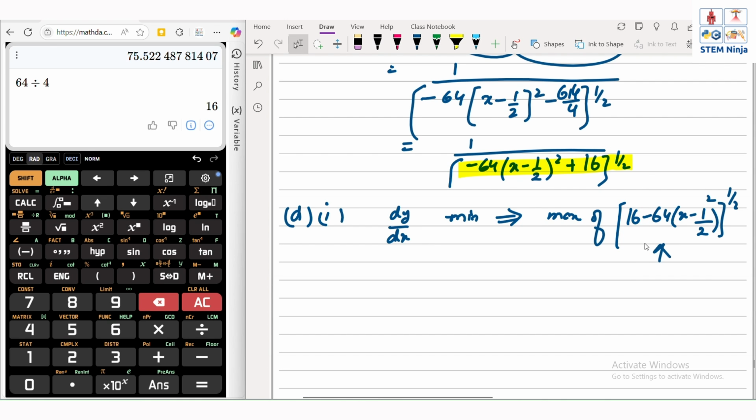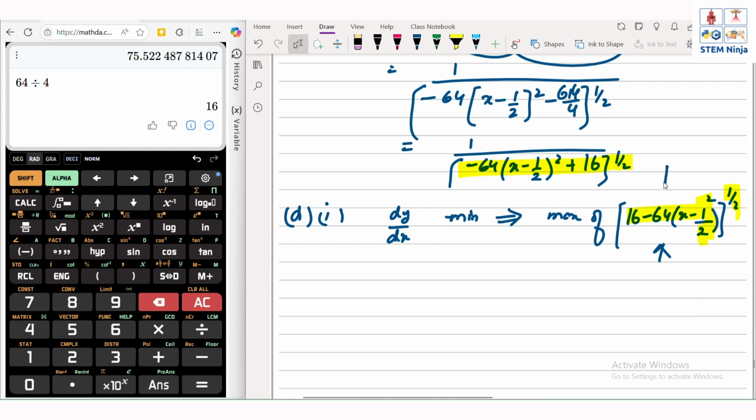So now what we can do over here, we can differentiate this if we want to, or even think about it with the power over here.